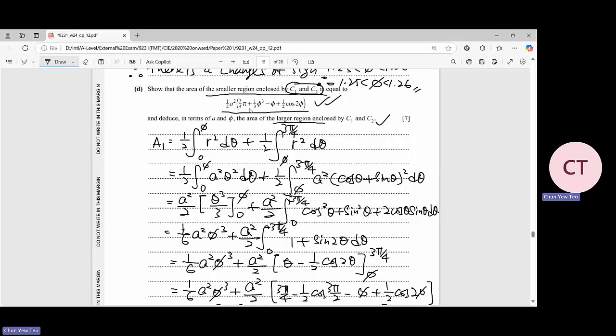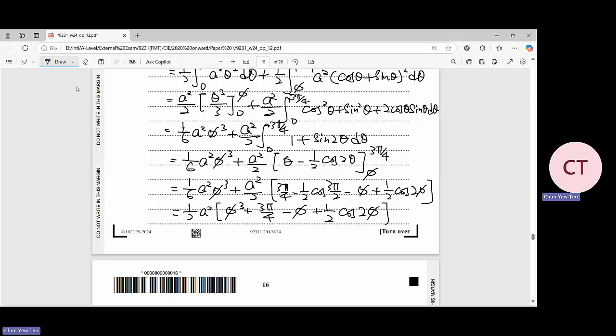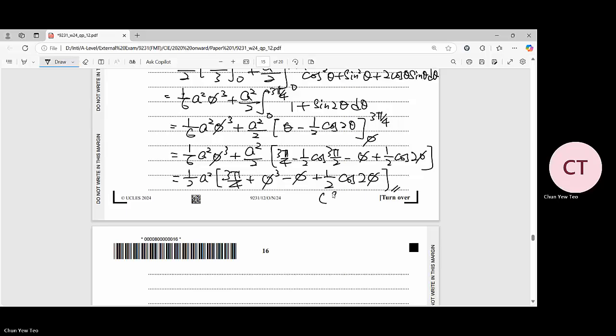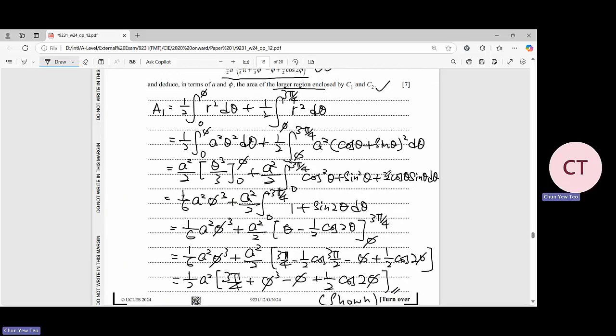Okay, so the answer is correct already, but just the arrangement is different. So maybe we can arrange them the same as the question. We put 3 pi over 4 here, and then I put phi cubed over here, so that the arrangement is the same as the question given. That is the answer for the first part.